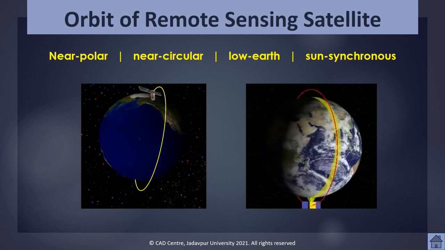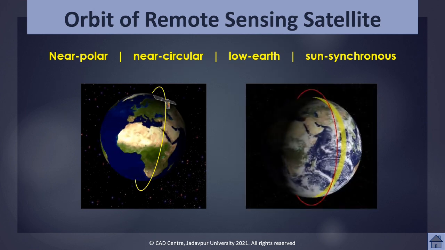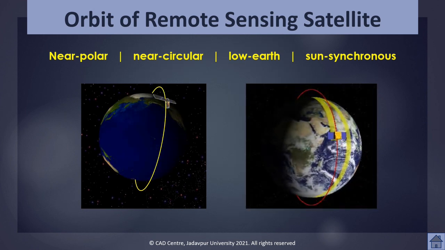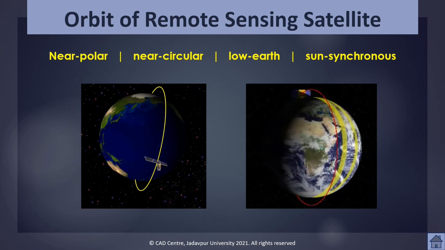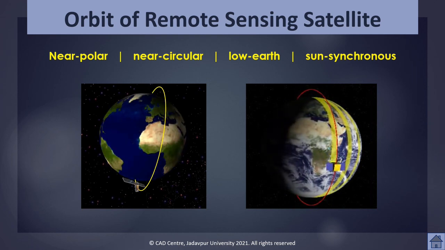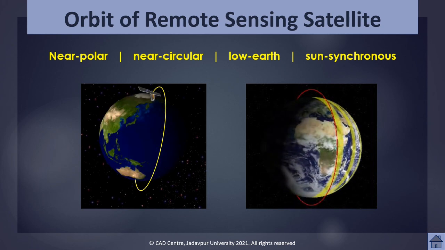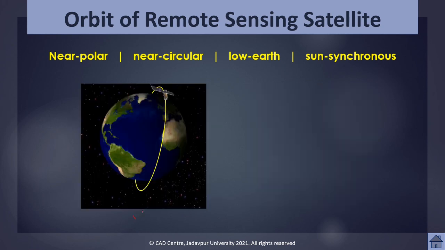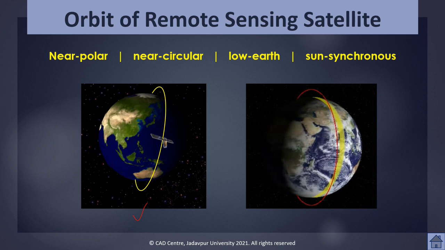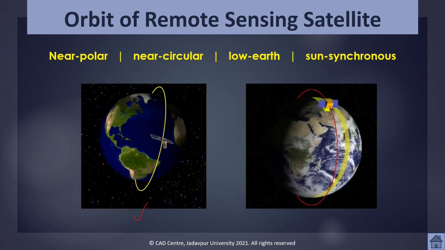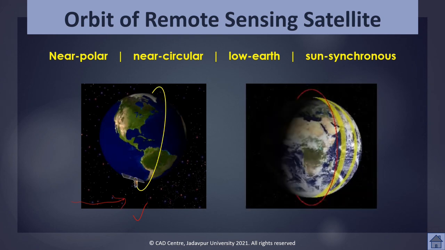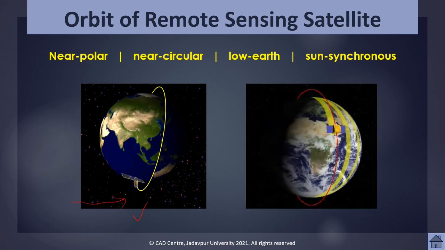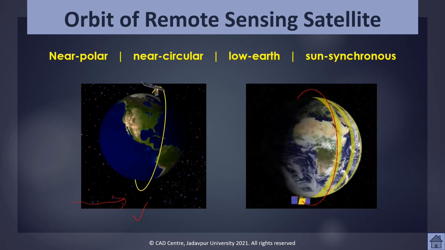Then low Earth to ensure clear visibility of the Earth's surface, and sun synchronous to maintain a constant local sun time. And as you can see, this satellite has a near polar orbit, and it is rotating over the earth, and the earth is moving from west to east, and as a result the satellite enables the scanning of the entire earth.